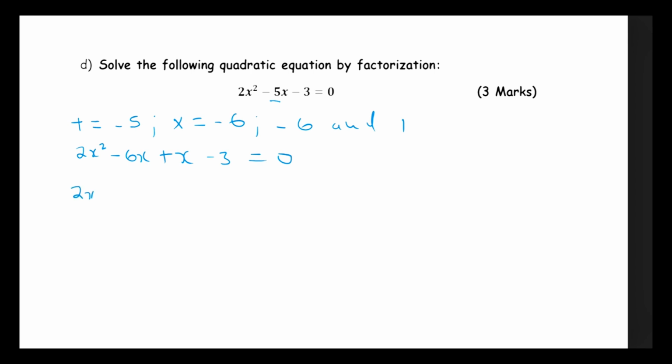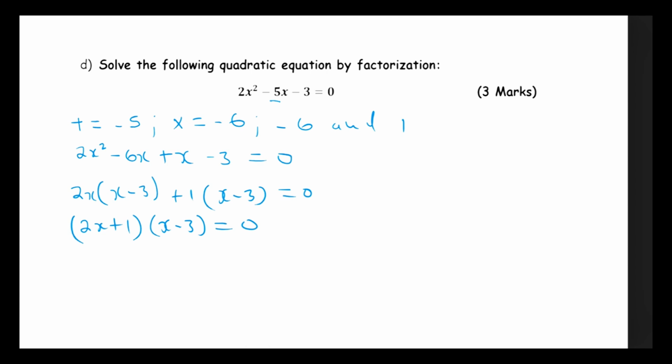So we have 2x into x, then 2x into 3 times. So we expect to have x minus 3 this side. But look at this, we have -3 and we have -3, so we multiply that by +1. And that's what is equal to 0. So we have 2x plus 1 and then we pick x minus 3 from the brackets, and that's equal to 0.